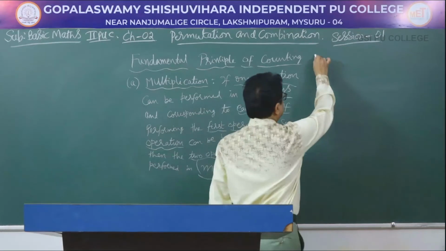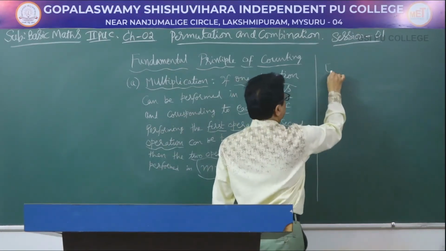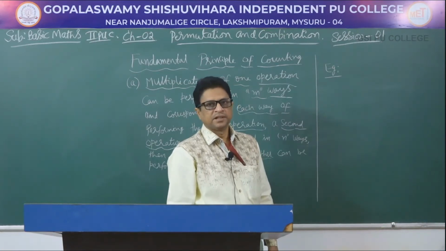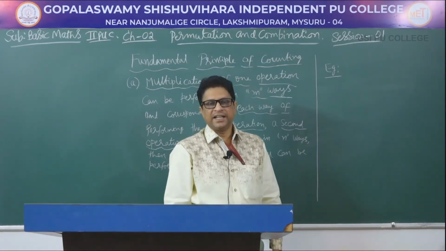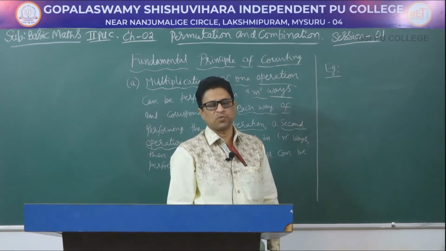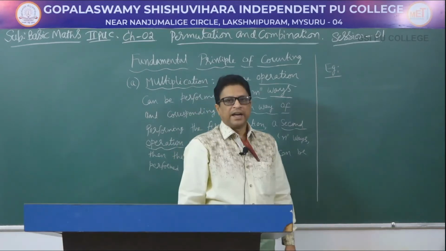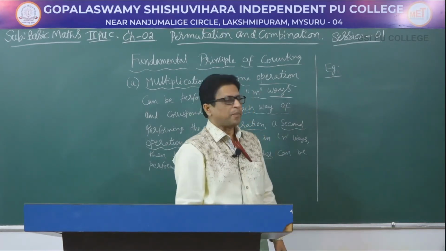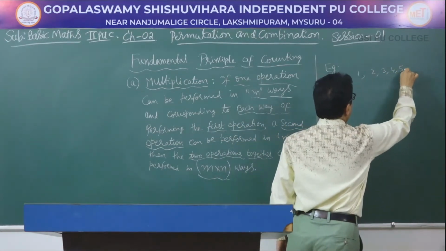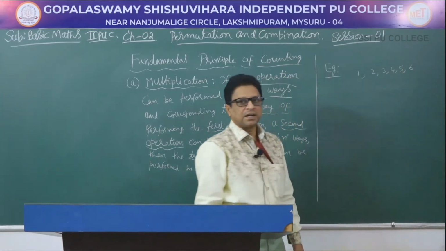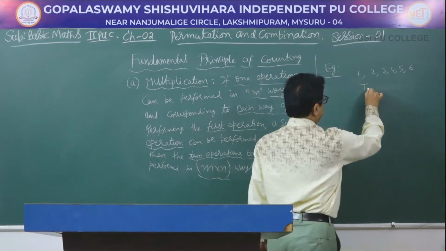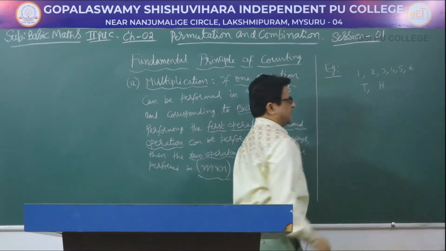For example, let us consider an experiment that a die is rolled once and a coin is tossed once. A die rolled once means the possibilities are 1, 2, 3, 4, 5, 6. When the coin is tossed, there are two possibilities, that is, it may be tail or it may be head.